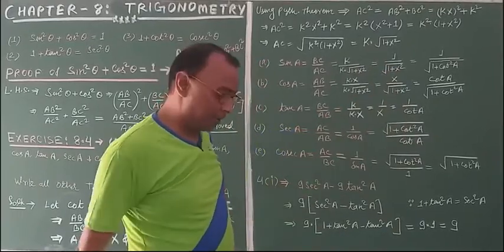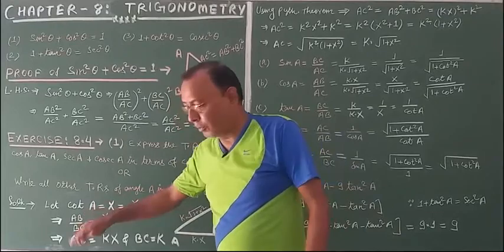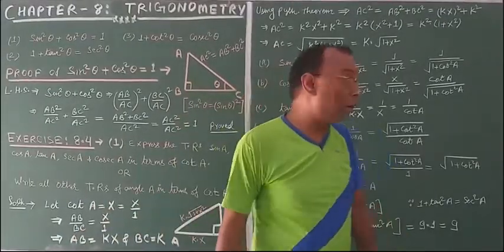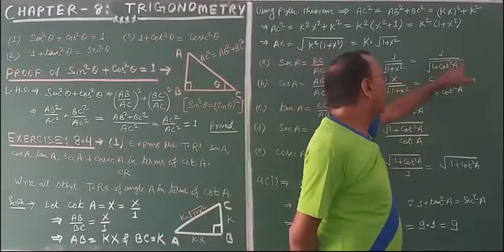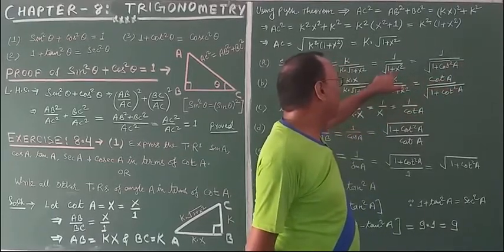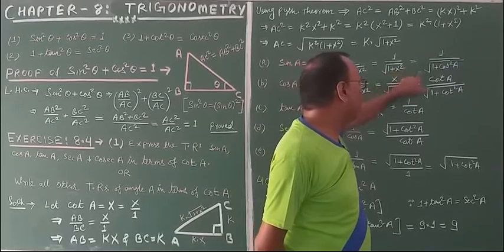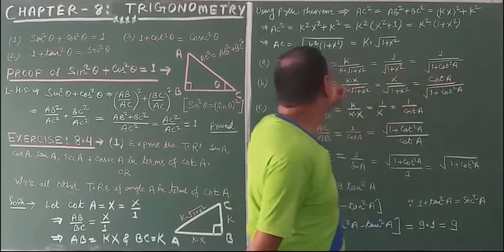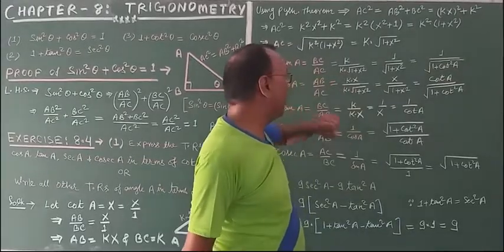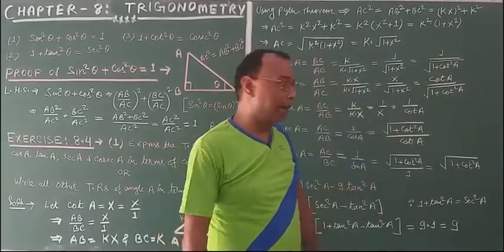What was x? X was cot A. So we can write cot A in place of x. It will become 1 upon under root 1 plus cot square A, because here was 1 plus x square. So what is the value of sin A in terms of cot A? 1 upon under root 1 plus cot square A.